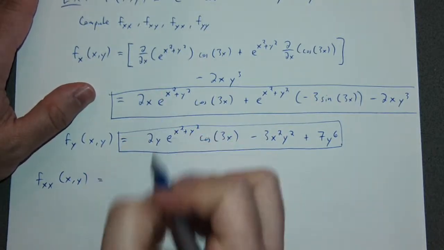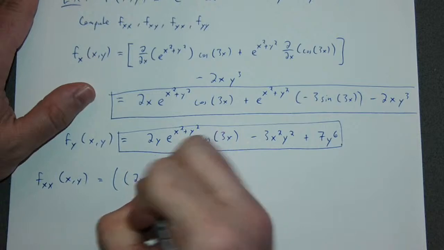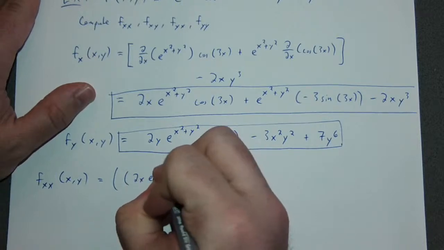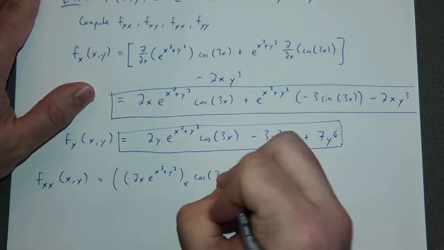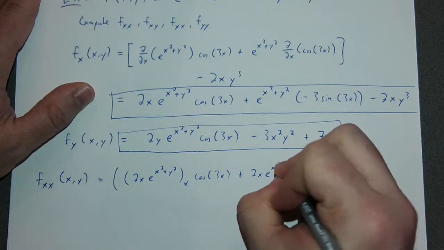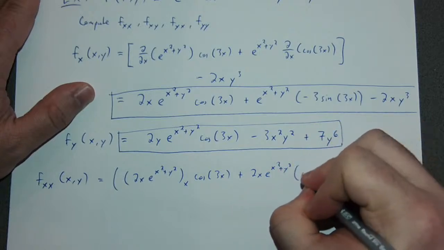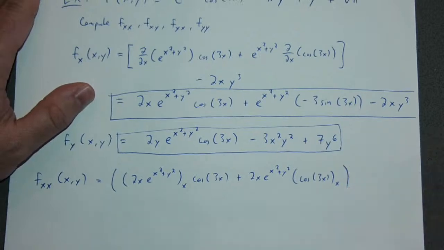So the x partial here is, and I'm going to write it like this, the x partial of 2x e to the x squared plus y squared times cosine of 3x plus 2x e to the x squared plus y squared times the x partial of cosine of 3x. That's the first term.